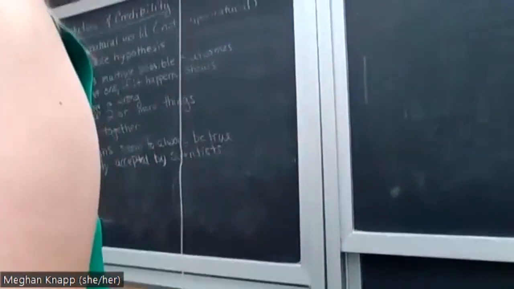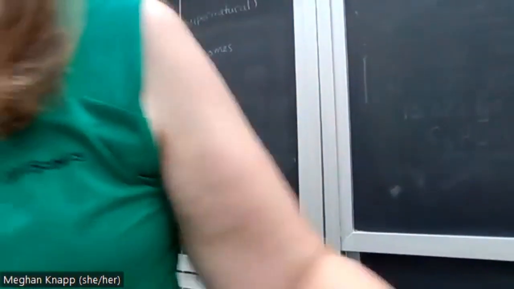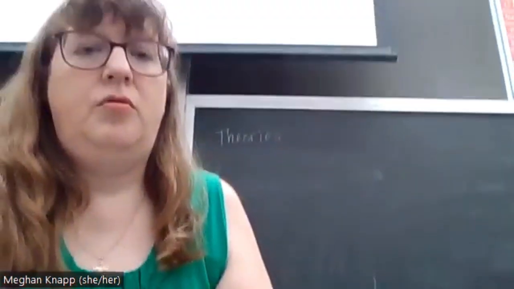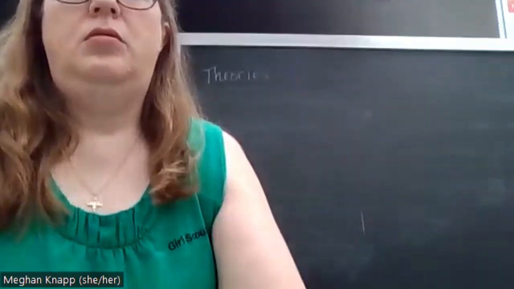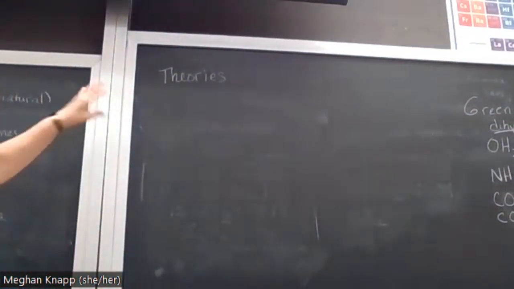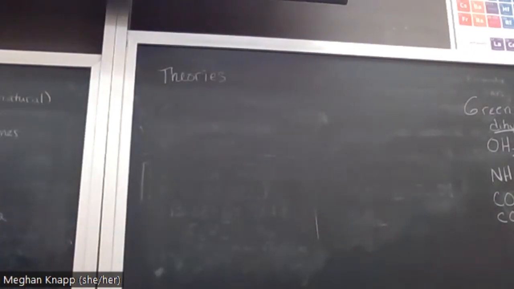We said there were two objects, they were attracted to one another, law of gravity. A theory puts these observations together and explains them. Okay.